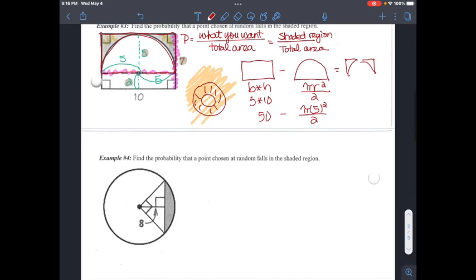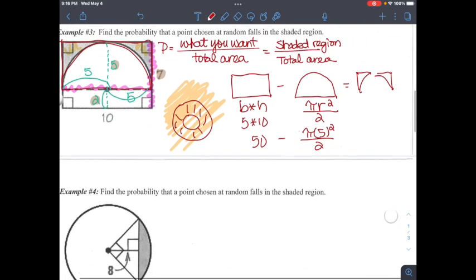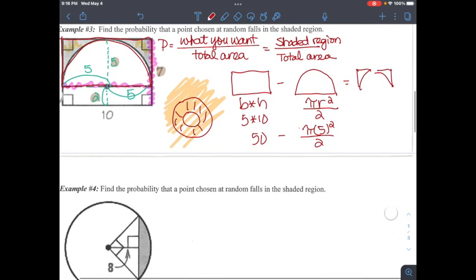That leaves me with a little shaded area. When you simplify, that's equal to 50 minus 25 pi over 2. So that's just your shaded area.